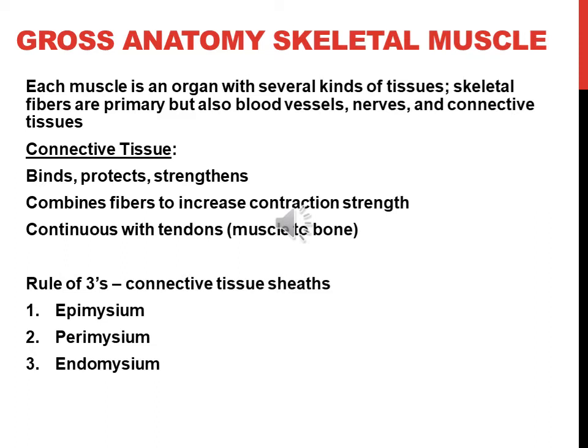So the epimysium is outer covering of that whole muscle, typically blends into the tendon or the fascia, which binds the muscle to the skin or the subcutaneous tissue. Let me say that again. That epimysium, made of dense irregular tissue, is going to blend into the tendon or a fascia, which binds your muscle to skin or subcutaneous tissue.